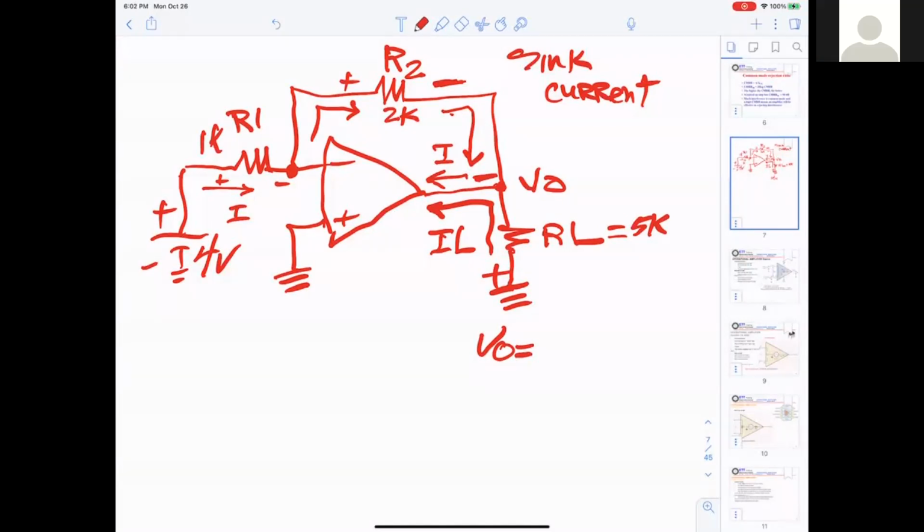V out equals R2 over R1 multiplied by the current. Now, I want to ask you, by looking into the circuit, what V out equals? V out, that means the voltage measured from the output to the ground, right? Okay. IL times RL. Perfect.